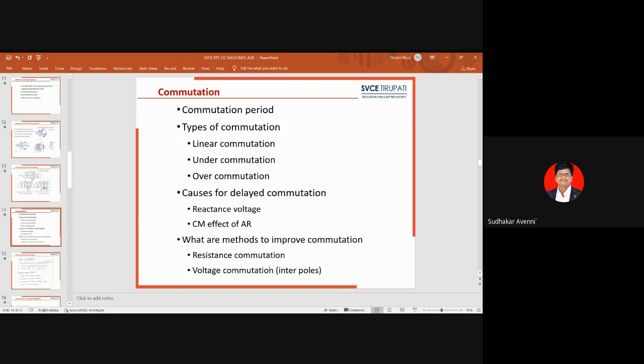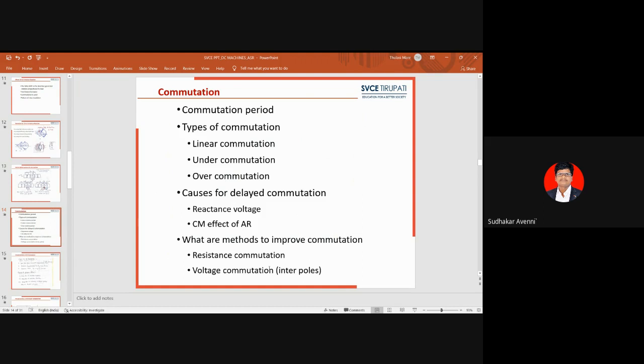Generally, under commutation takes place. Suppose the current reversal from the armature to the brushes requires 2 seconds, meaning it takes only 2 seconds, that is linear commutation.